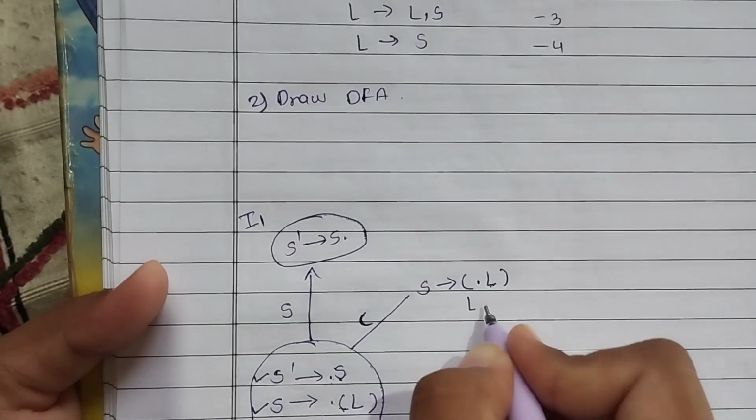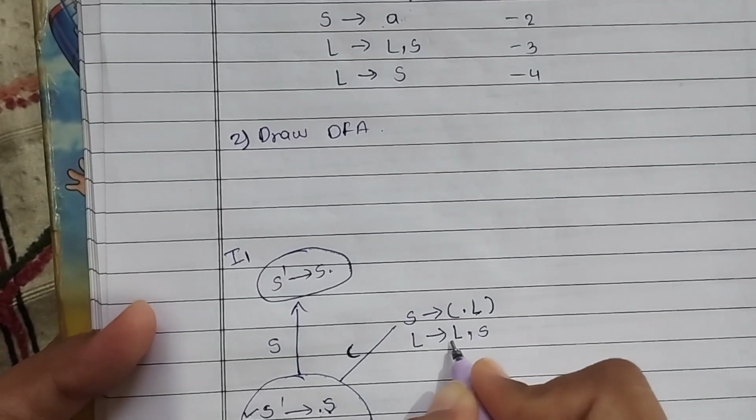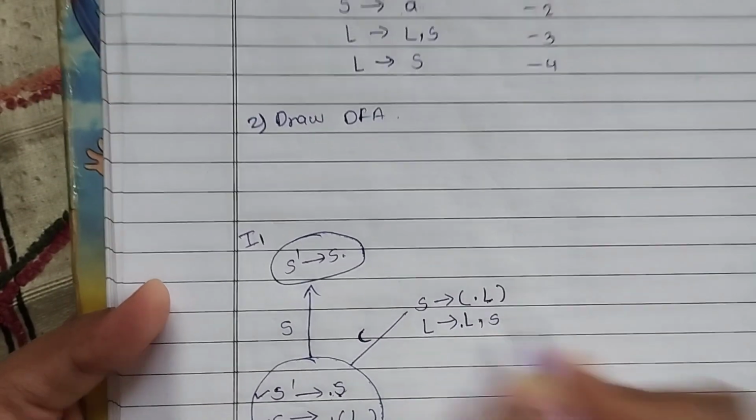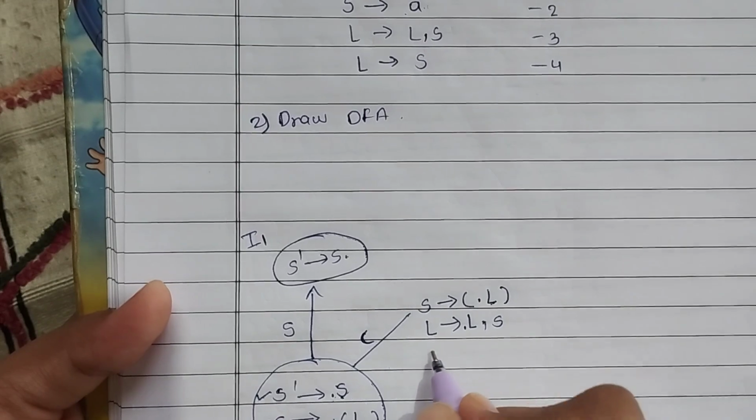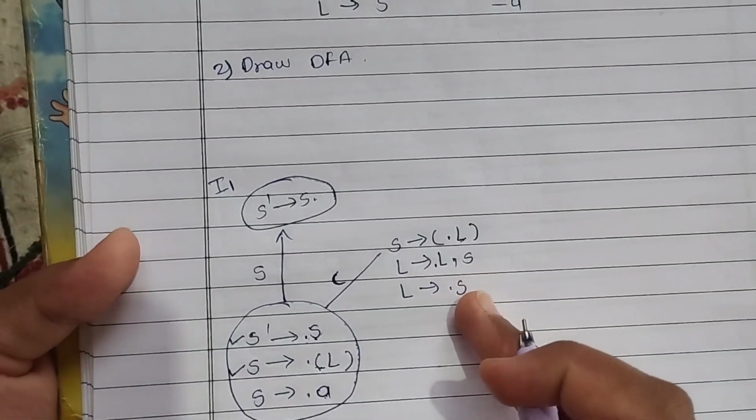L → L, S, and before that write a dot operator, and L → .S. We write this only.